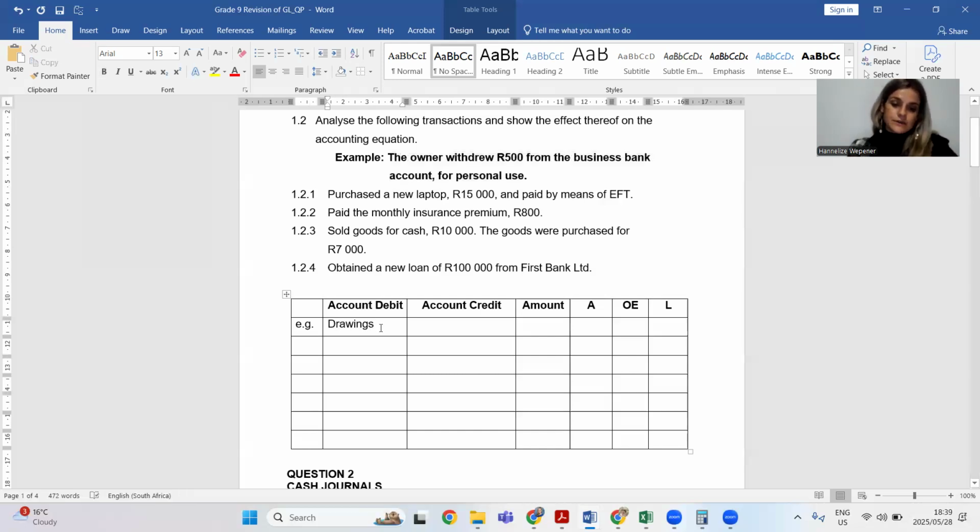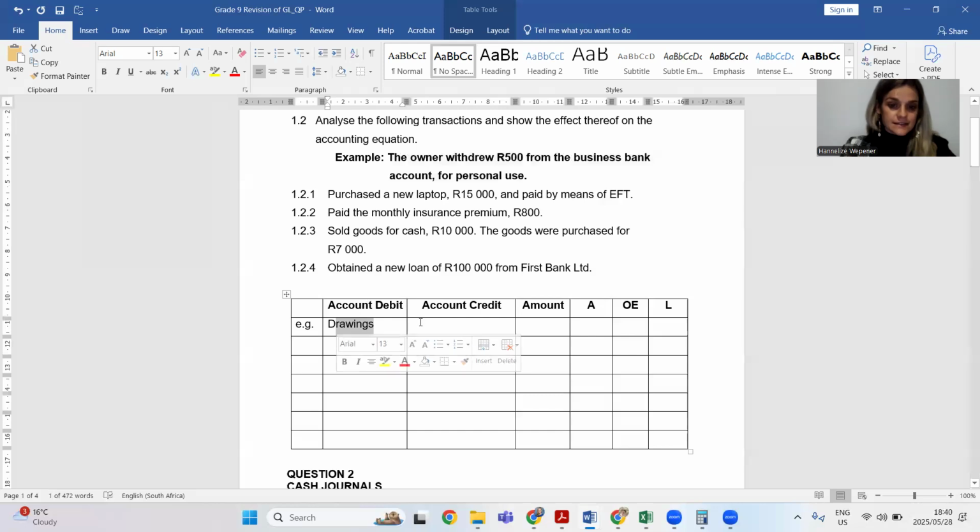The reason why it increases on the debit side is because the accounting rule states that equity increases on the credit side. And remember that drawings decreases the owner's equity. And that's why it's on the debit side if you want to know a bit more. Okay, so I have more drawings and I have less bank.